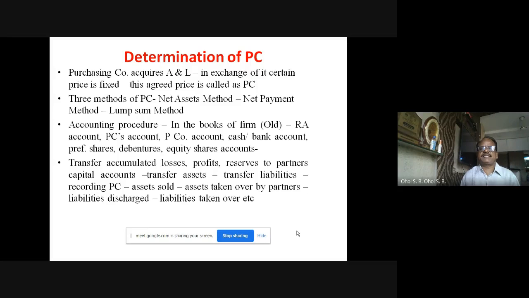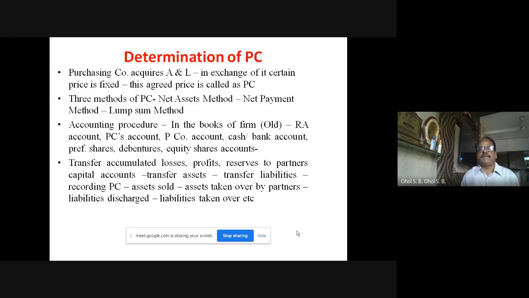So: transfer assets, transfer liabilities, then record PC. This is what is to be done in the realization account. Then assets sold, assets taken over by partners, liabilities discharged, and liabilities taken over are all to be there in the amalgamation of partnership firm as well as conversion of partnership firm into a limited company.